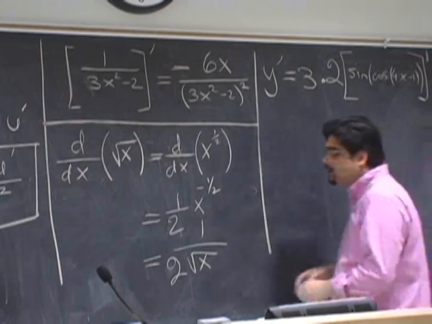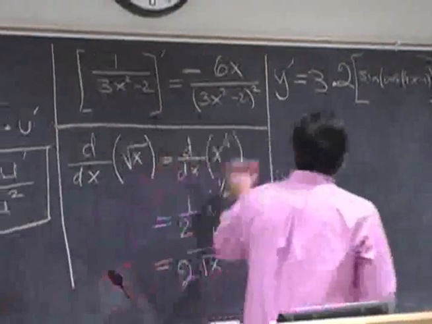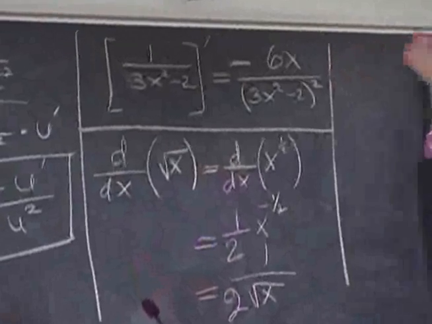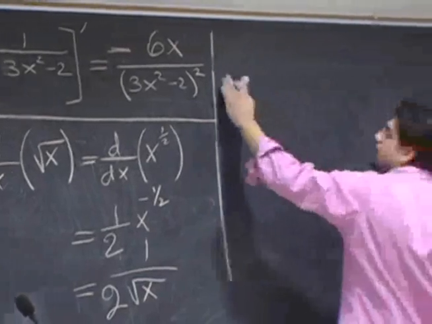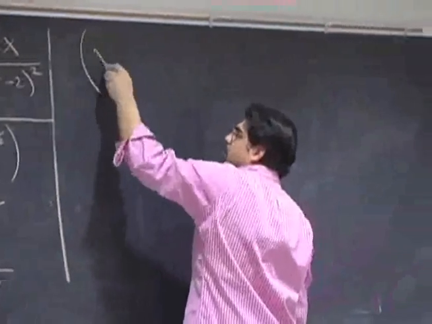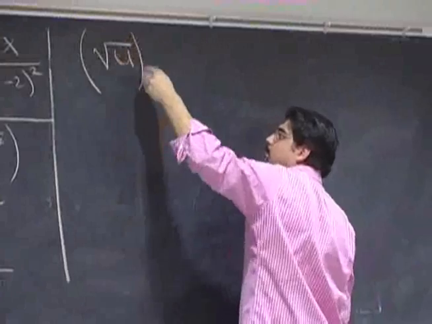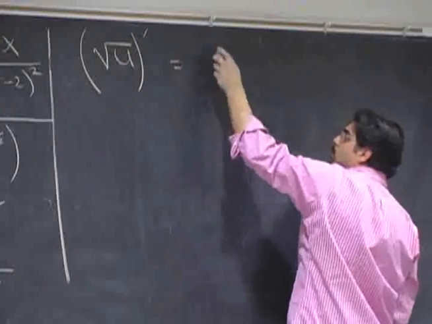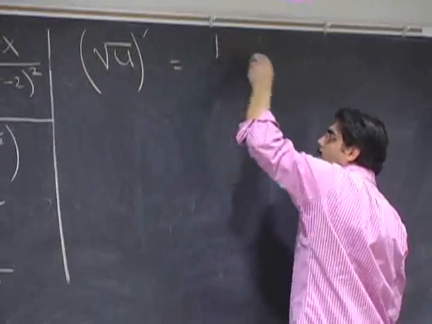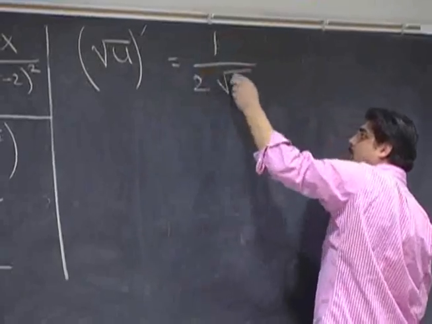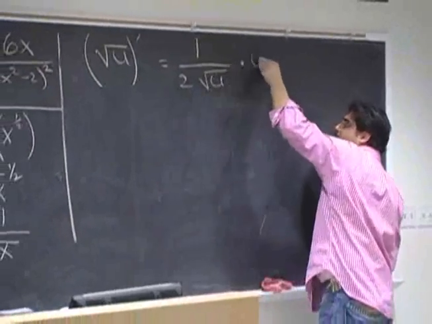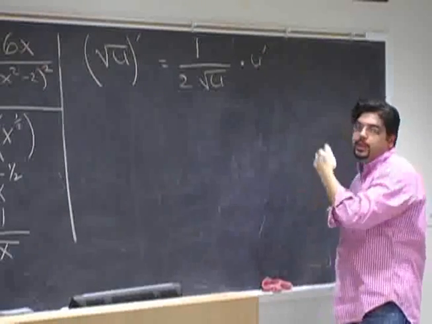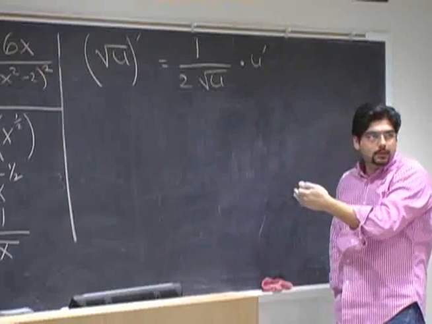So then the generalized version of that rule, okay, let's replace x with the function u. So the derivative of the square root of u would be 1 over 2 square root of u, that's the rule, times u prime, the derivative of the inner function, right?